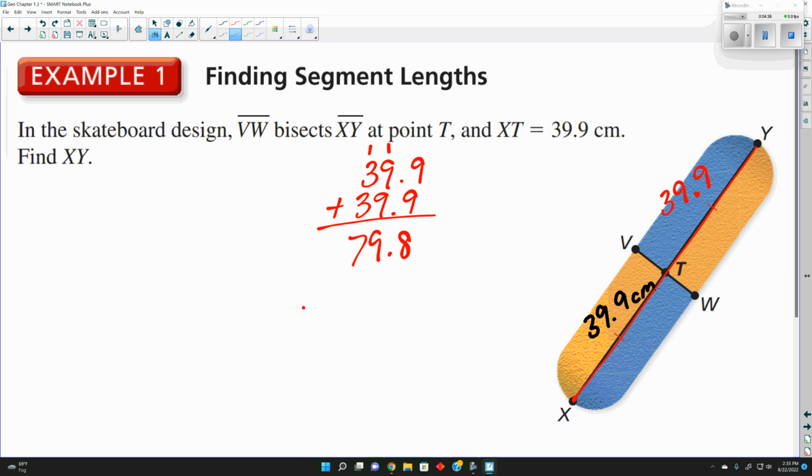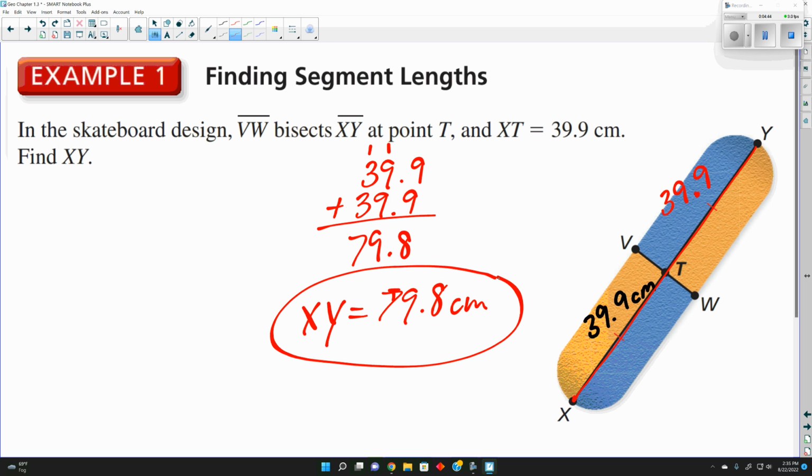So XY is equal to 79.8 centimeters. And that's it.